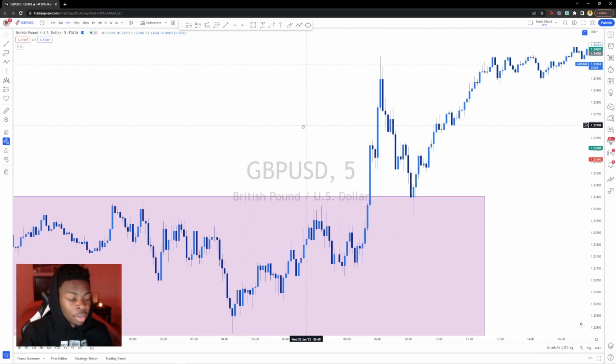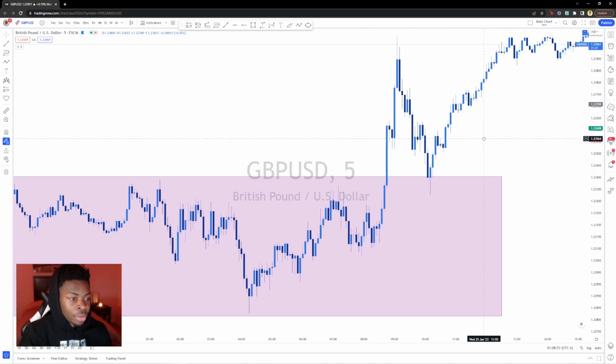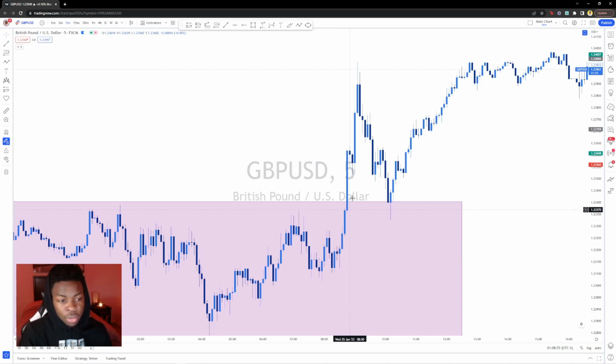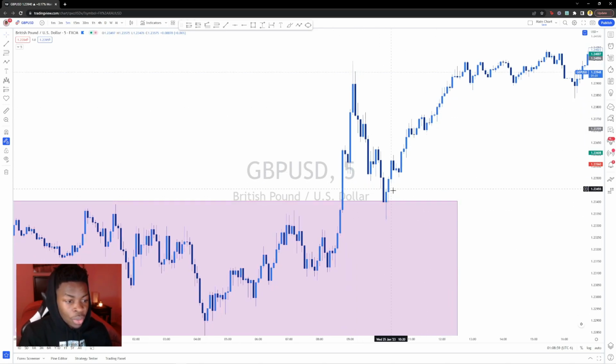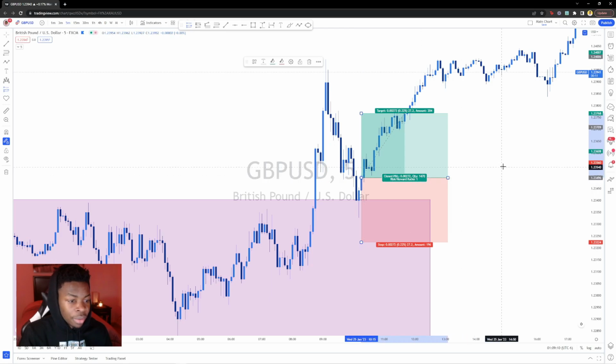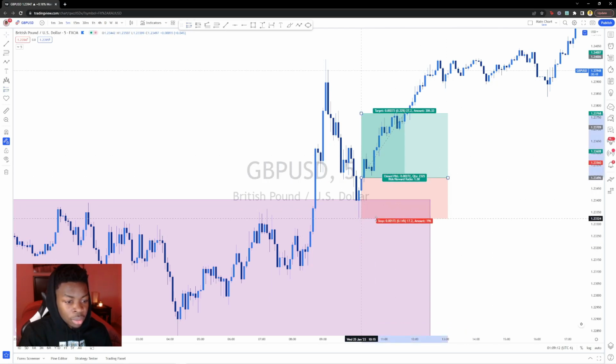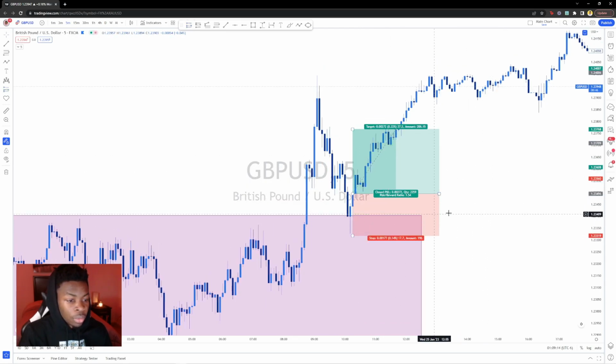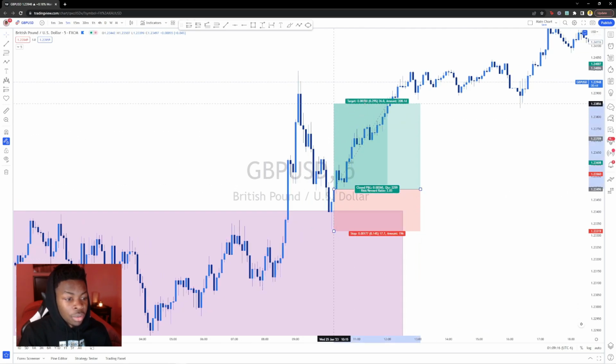Then the last example, how to trade a consolidation: like I said, you want to wait for the breakout of the zone, then wait for the retest and see an engulfing candle. In that case we have an engulfing happening right here. Put the stop loss right below the wick of the candle, and go for a 1 to 2 risk reward ratio.